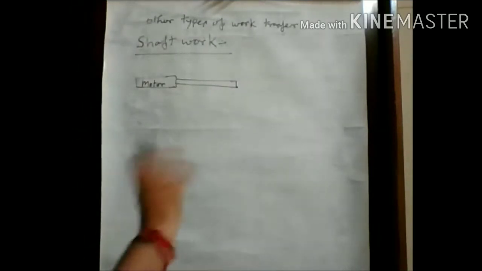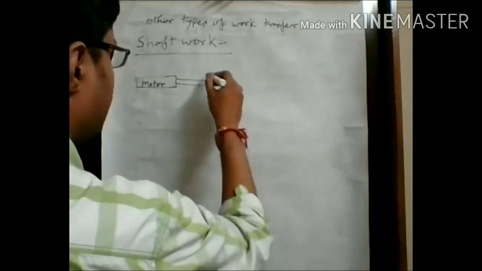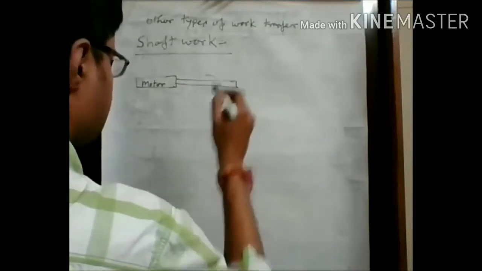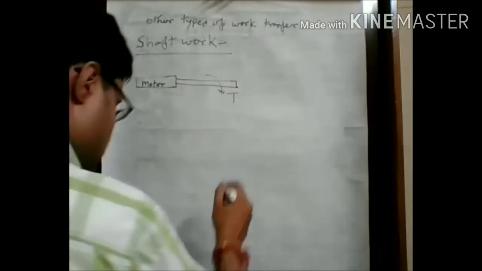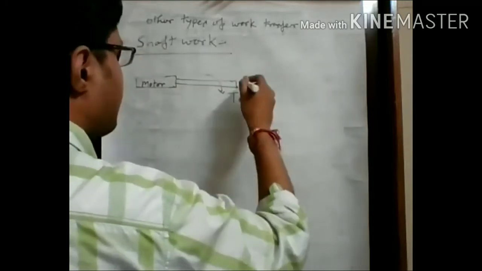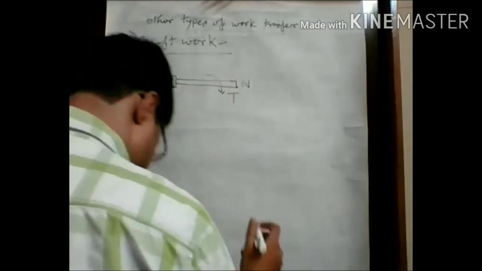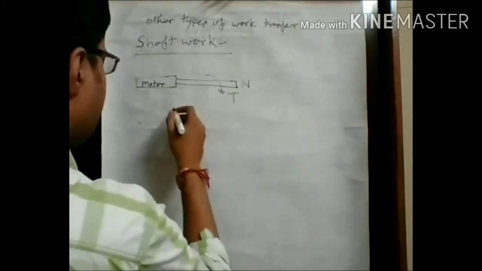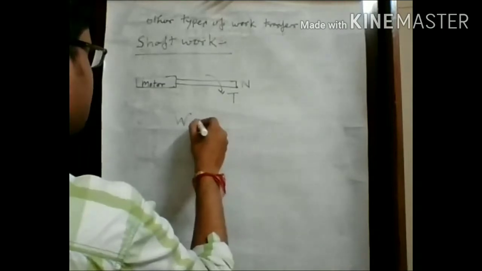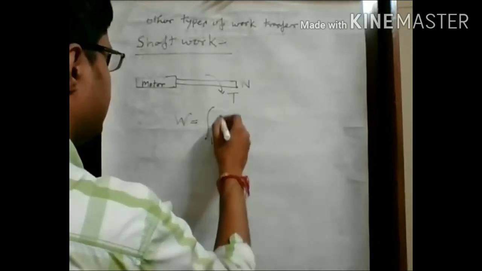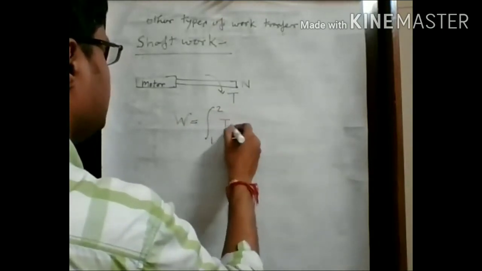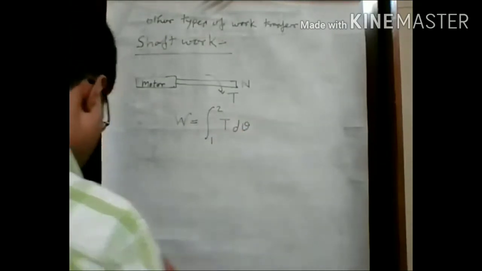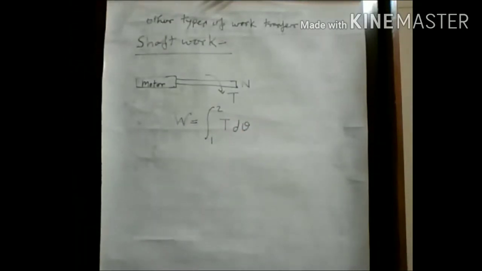This motor is trying to rotate this shaft, and in this problem, torque is T and RPM of this shaft is N. So if we want to calculate this shaft work, which is produced through the shaft, then you have to use this expression: W equals integration from 1 to 2 of T d theta. Why are we using this expression?